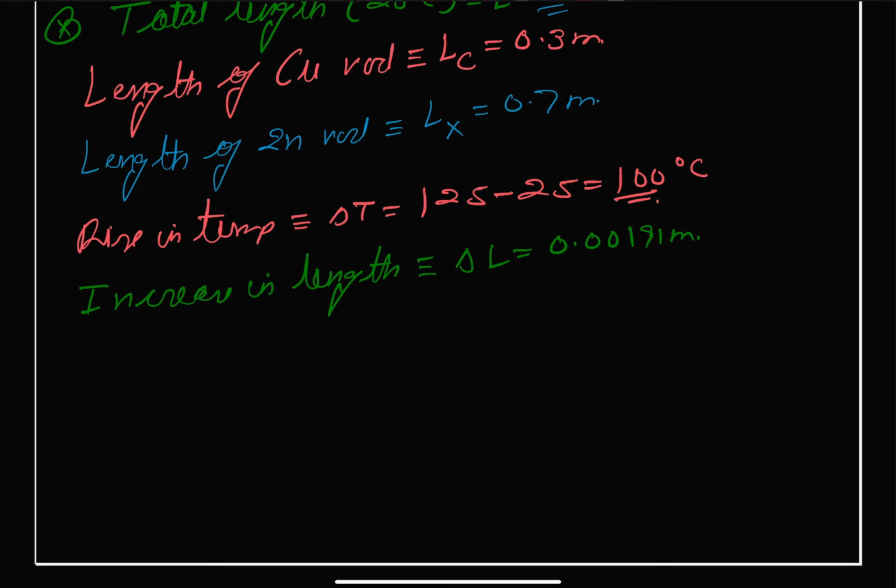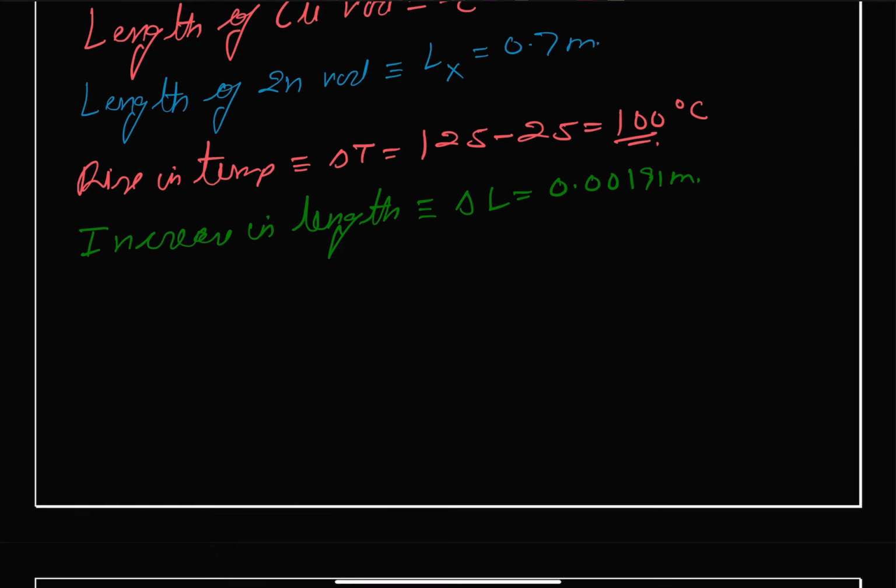So first of all, we are going to find out what will be the coefficient of expansion for the second rod. And based on this, we are going to calculate the Young's modulus for the second rod, and that is going to give us both our answers.